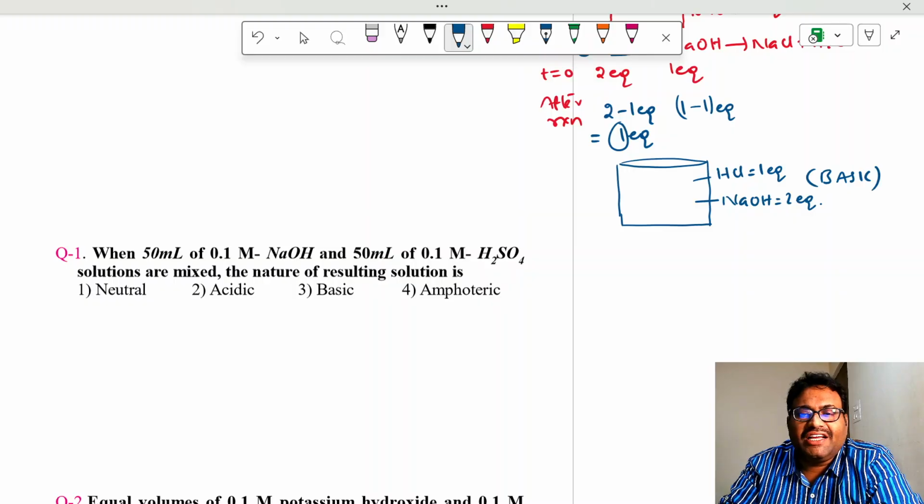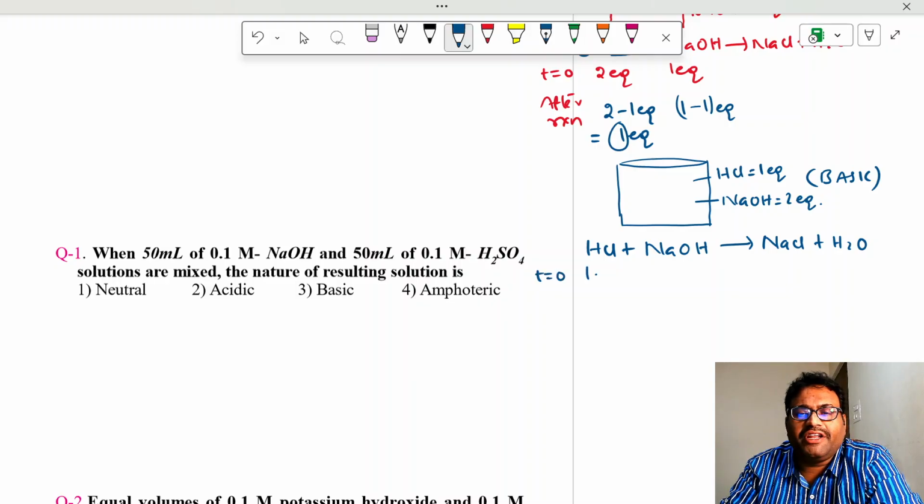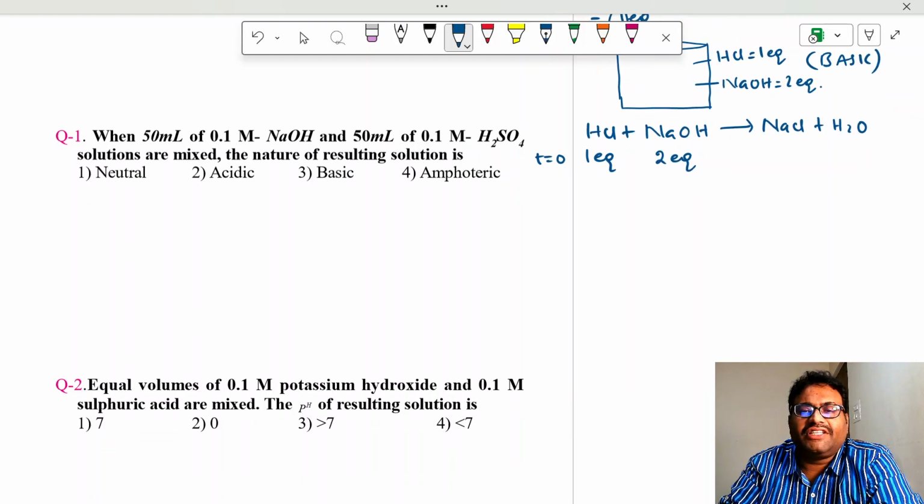So let us see, HCl plus NaOH gives NaCl plus H2O. At time t equals 0, one equivalent here, two equivalents here. After reaction, one equivalent is completed.